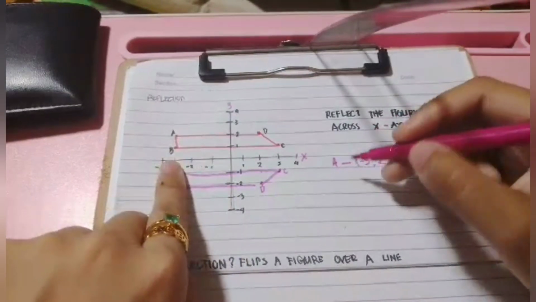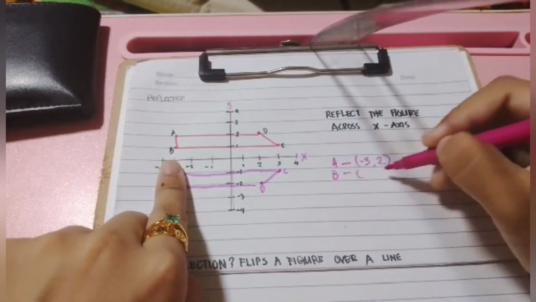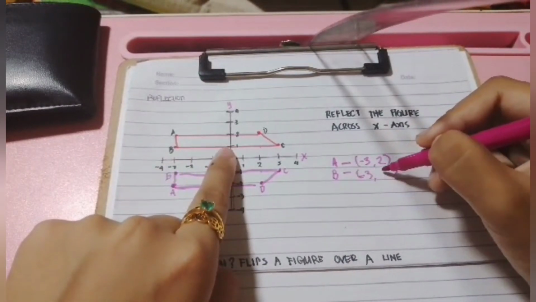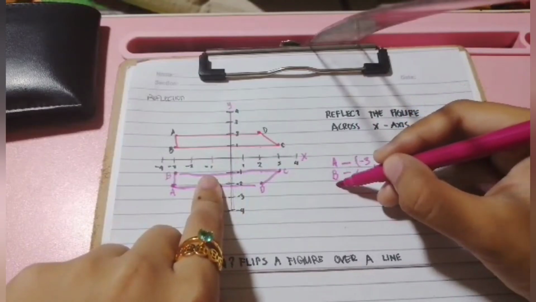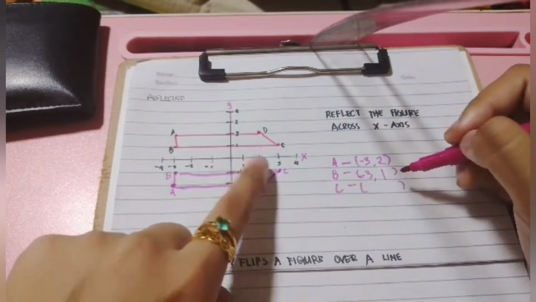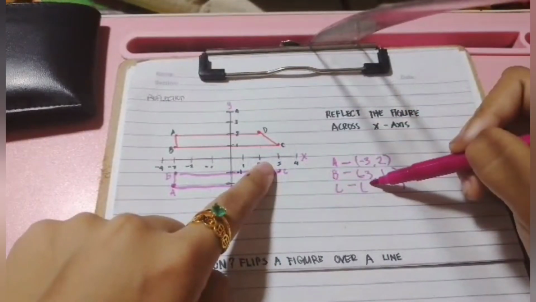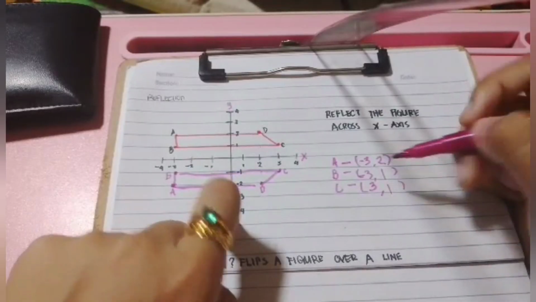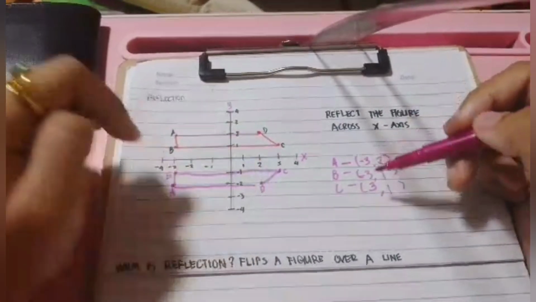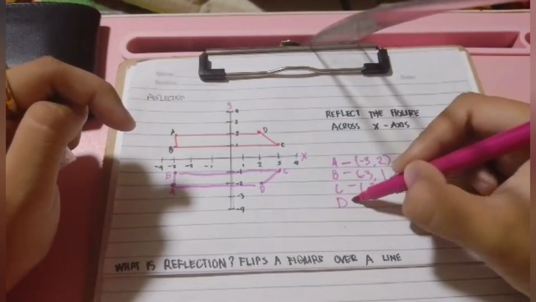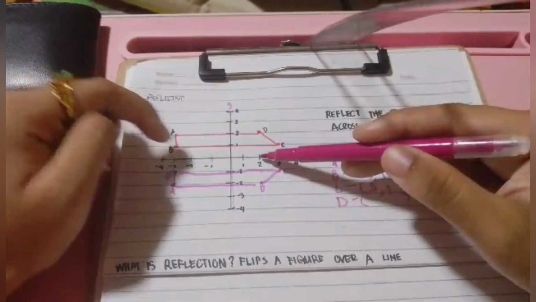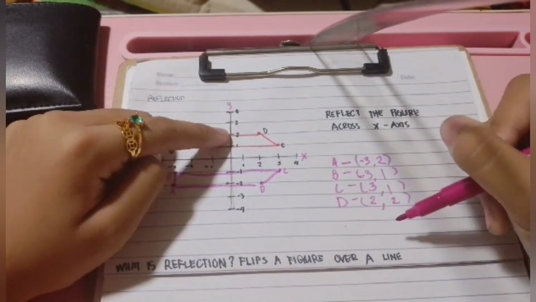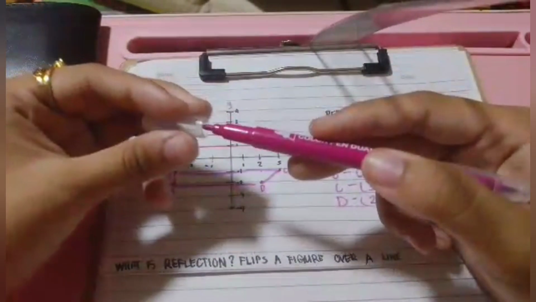What is A? B is negative 3, positive 1. C is 3, positive 1. Opposites. What about D? 2, positive 2.